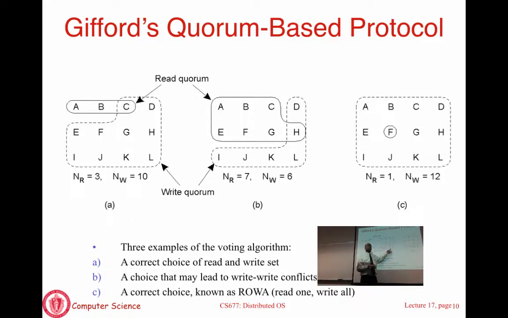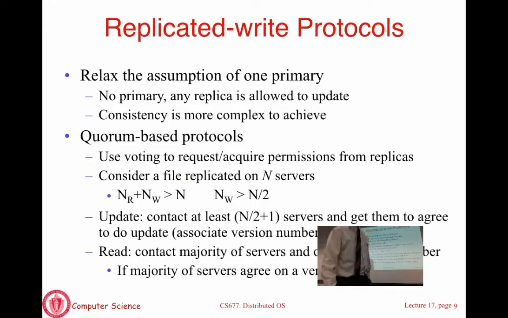So that's right. So you'll see that we violated a property we set for ourselves. We wanted 2 properties. We wanted NW to be strictly greater than half the number. So we set it to exactly half. It should have been at least 7. And the second thing is, once you set that NR plus NW can be greater than N. We have 6 plus 7 is greater than 12.